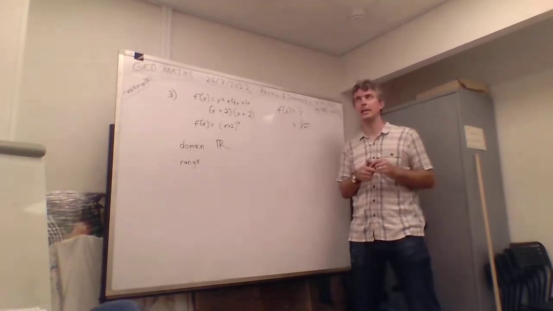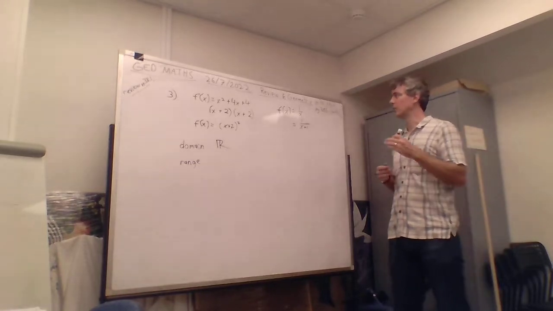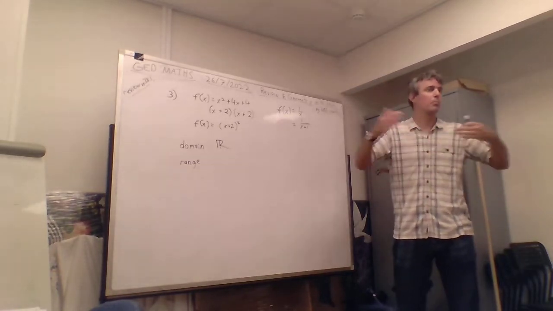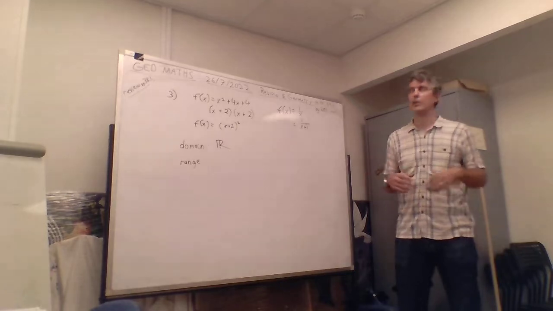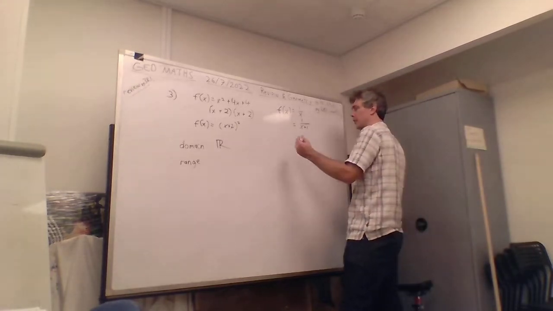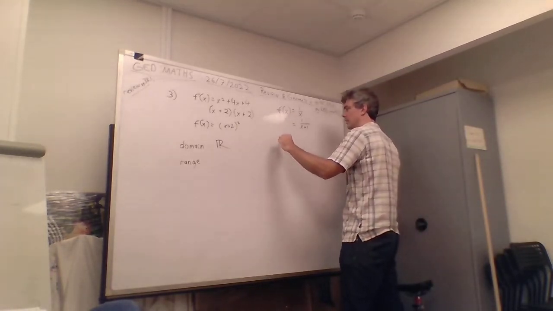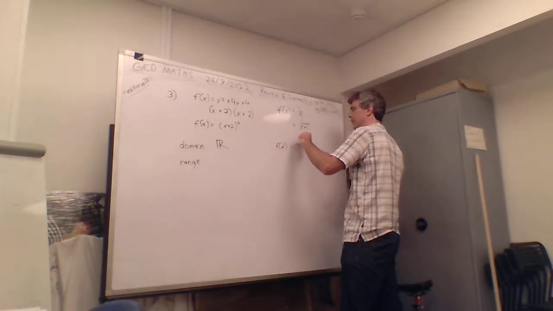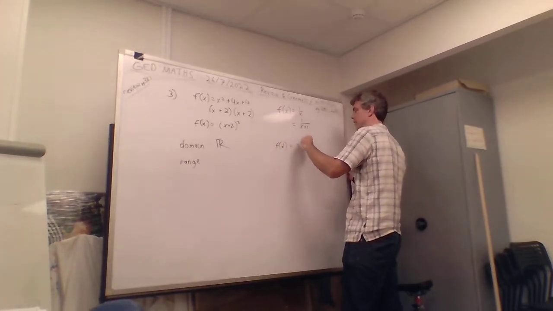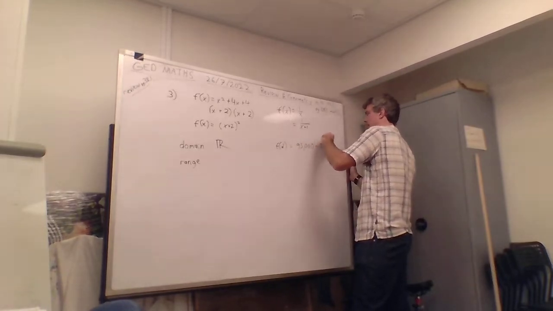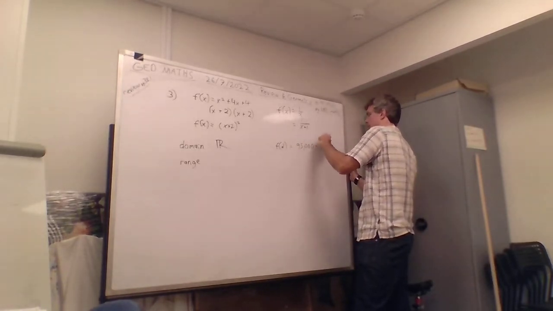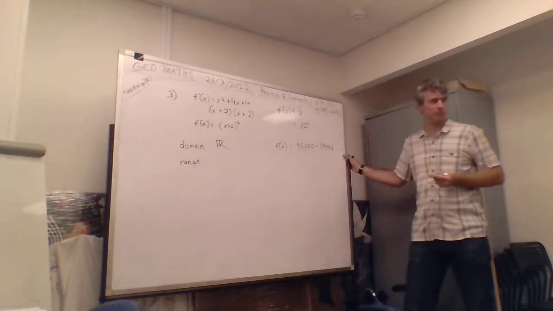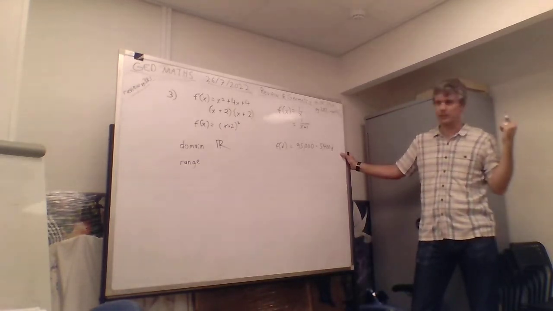Sometimes you can figure out the domain from the way the problem has been worded. For example, remember we had f of d, profits equals 95,000 minus 5,400 per day. Remember that problem from earlier?